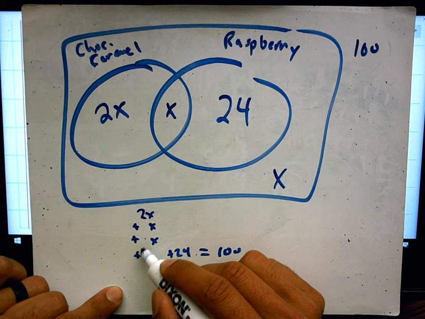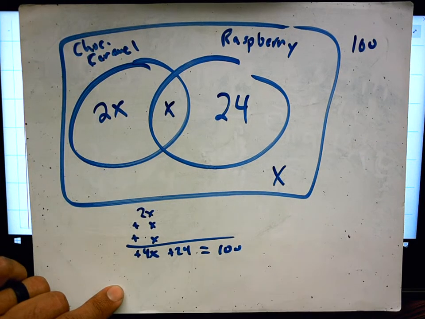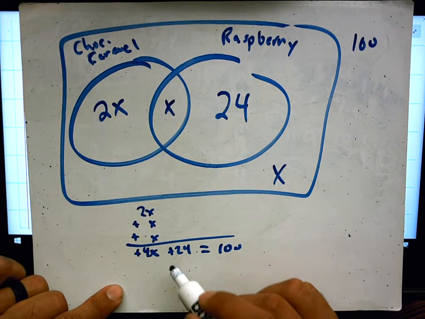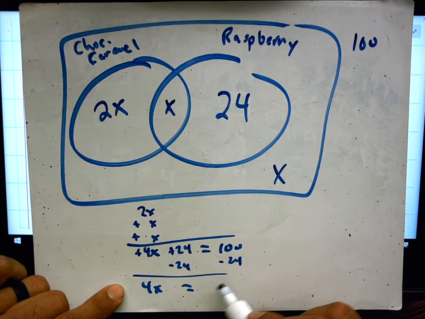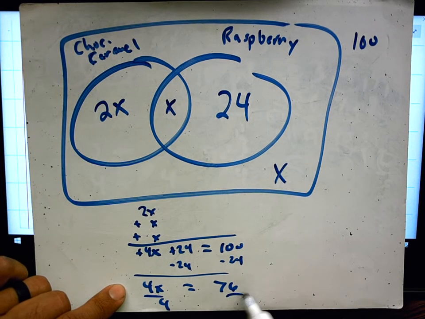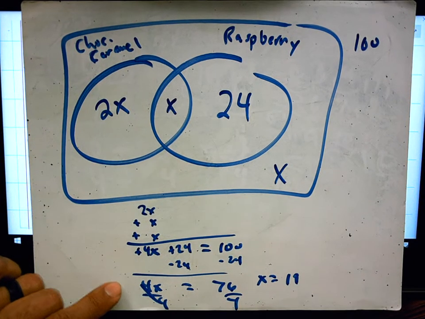Or 2x, 3x, 4x plus 24 equals 100. I subtract 24 from both sides. 4x is equal to 76. Divide by 4, divide by 4. X equals 19.